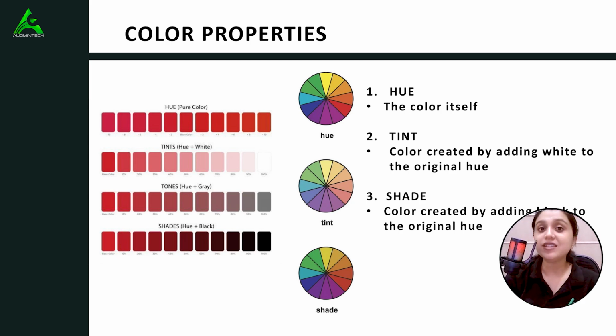Then, if I say I need something in a tint of orange, that means that in this orange color I've added a pinch of white, and whatever comes out of that is the tint. So when we say tints of a certain color, we mean that we have added white into it to form that new color, right?